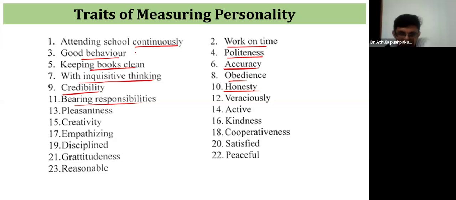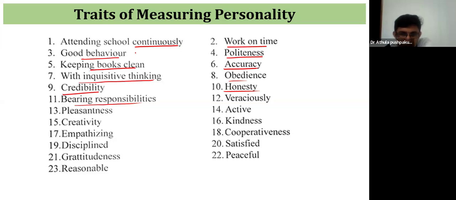Some are very active. Some students' creativity level is very high. Kindness, empathizing. Cooperativeness means working as team members. And discipline level very high, respect for the teachers and other persons, right?